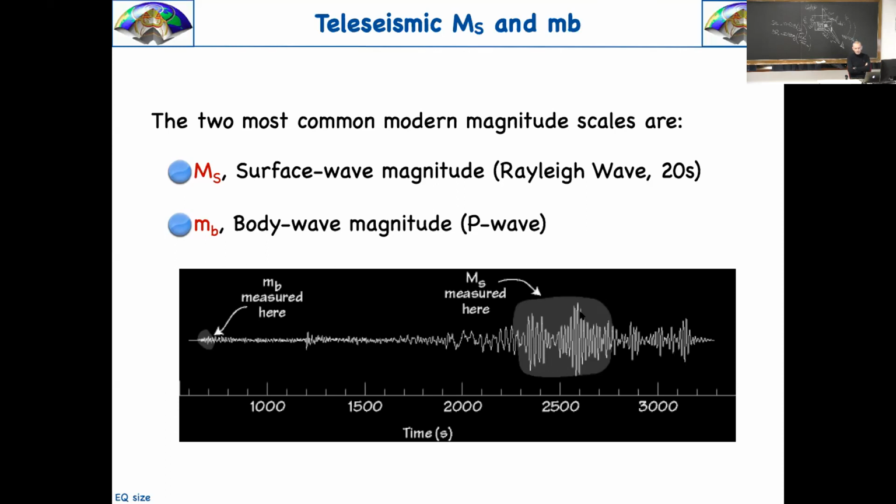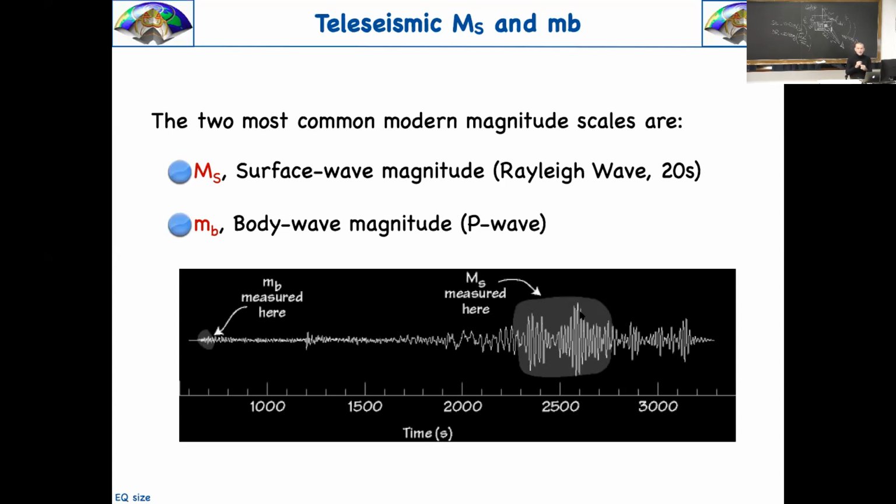For example, let's imagine a source that is not a pure tectonic event. Maybe it's a volcanic event, or maybe it's related to a nuclear explosion. Now you can imagine that an explosion is much more efficient in generating P waves and body waves than surface waves.